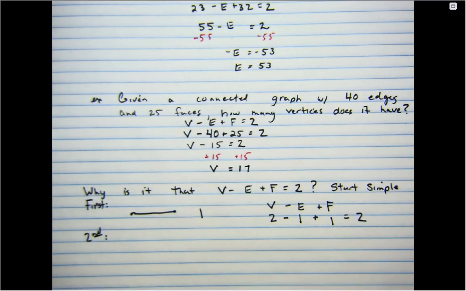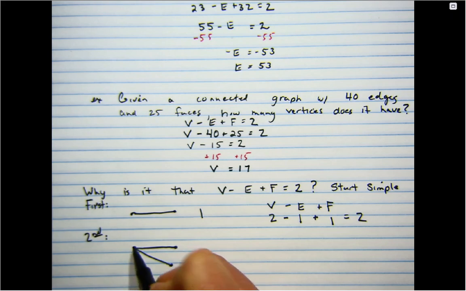So we'll take our first graph now, and we'll make it a little more complicated. Actually, we're adding another edge in. So we'll add a new edge on each step. So the second step has 2 edges.